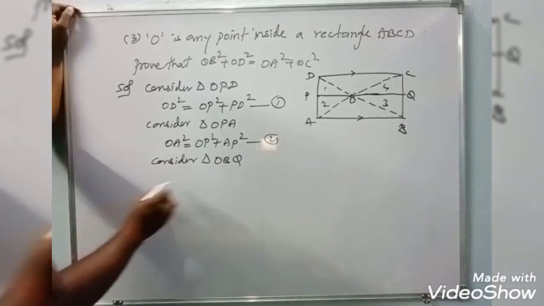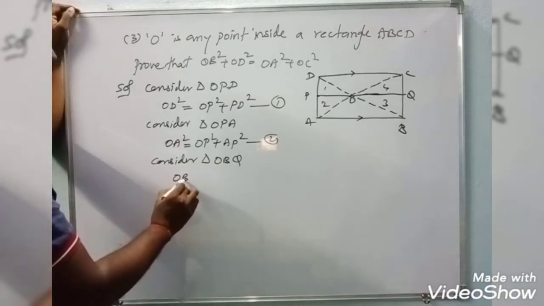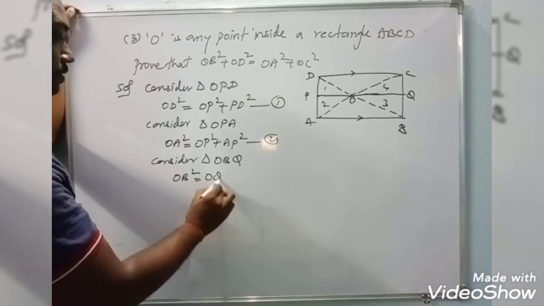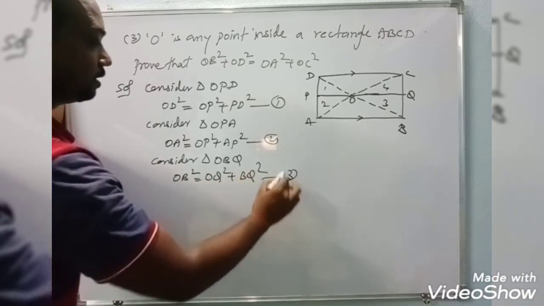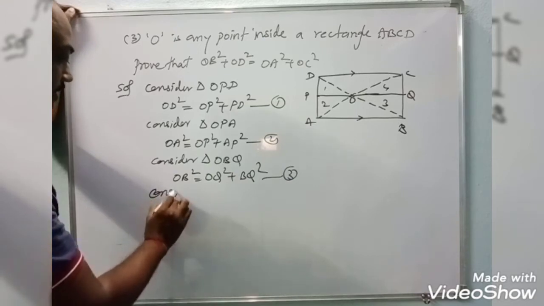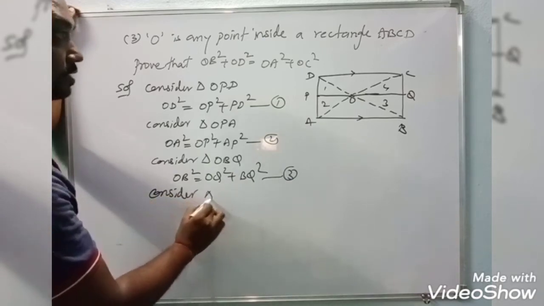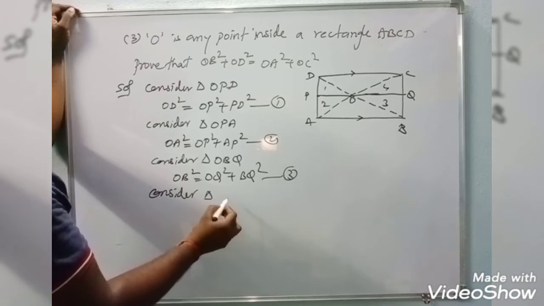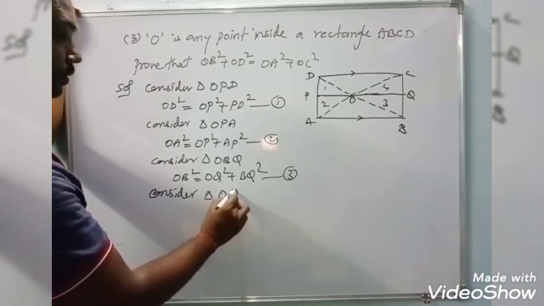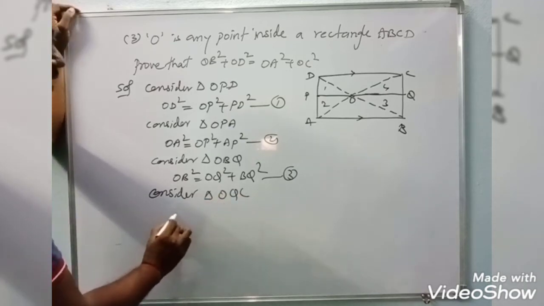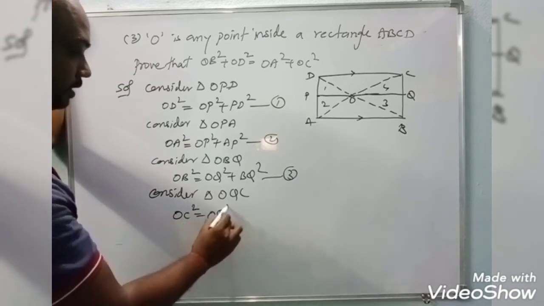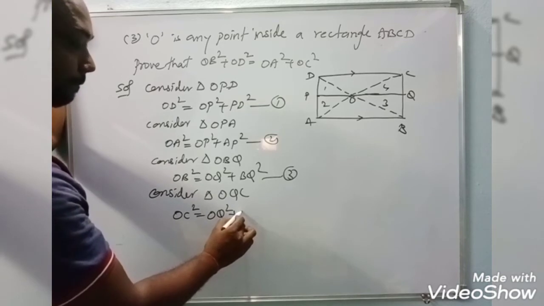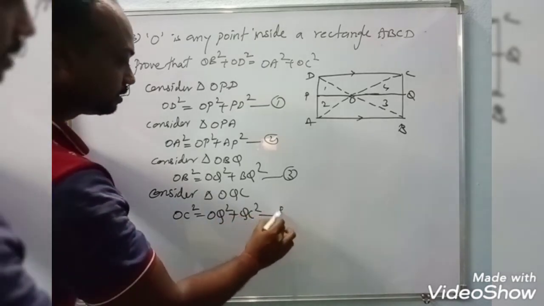Now if I consider this triangle, we have OB square is equal to OQ square plus BQ square, denote as third equation. Now again you have to consider another one, that is triangle OQC. Now if I consider this triangle, we can say here OC square is equal to OQ square plus QC square, denote as fourth equation.